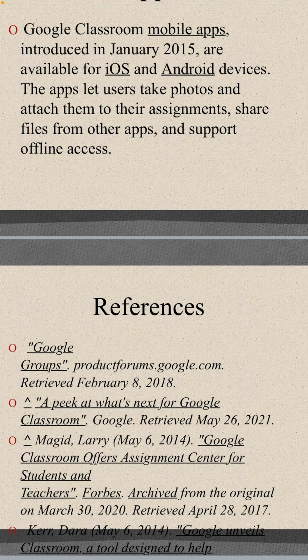In conclusion, the references: Google Group, Protective Platforms, reviewed February 8, 2018. As you see, these are links that let you know where the references are for the features of Google Classroom.